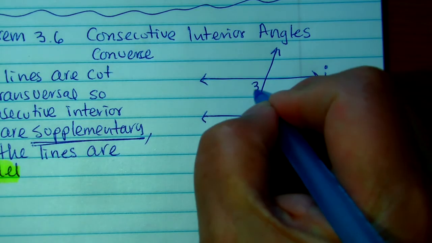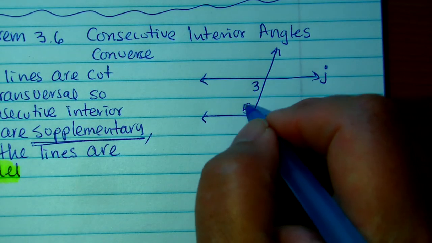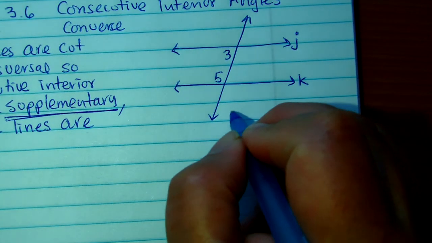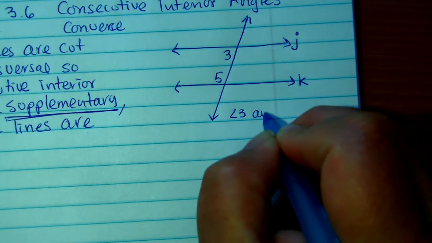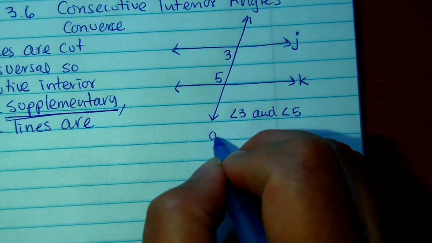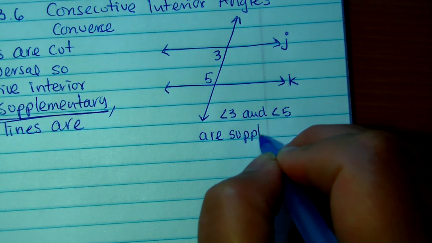And I'm going to put angle 3 and angle 5 here. I'm not going to put arcs. I'm going to say that angle 3 and angle 5 are supplementary.